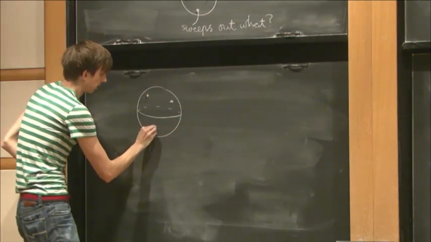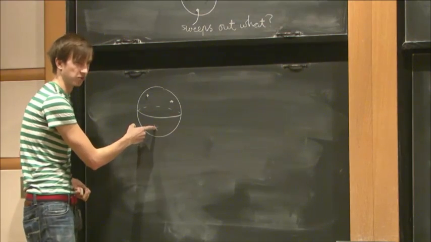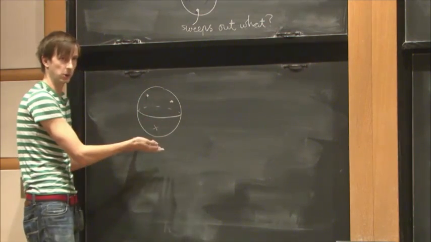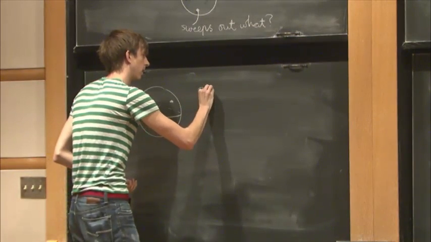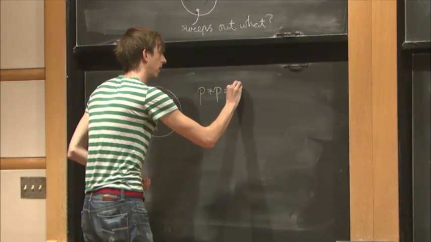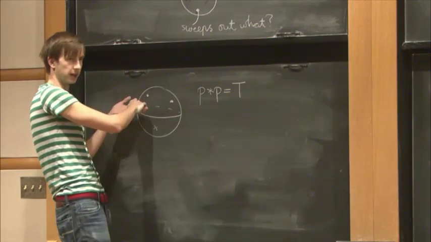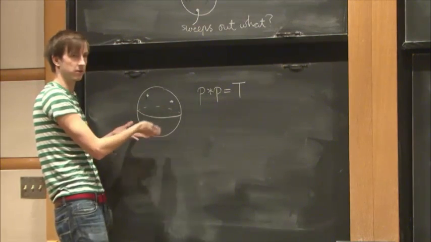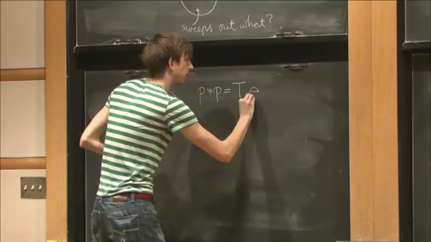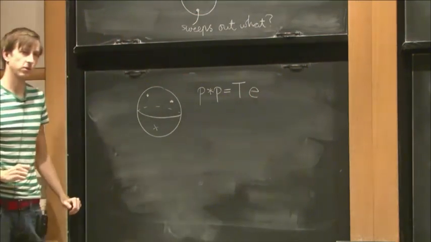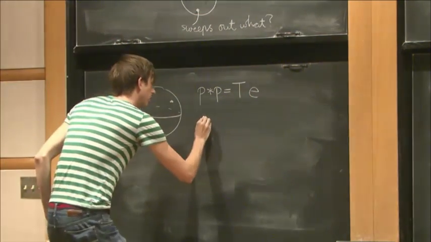So what is the space swept out by this remaining marked point? It's the fundamental class of the manifold. So we get T to the symplectic area of CP1, and let's say we've scaled it so that's 1, times Poincare dual to the fundamental class, which is the identity.